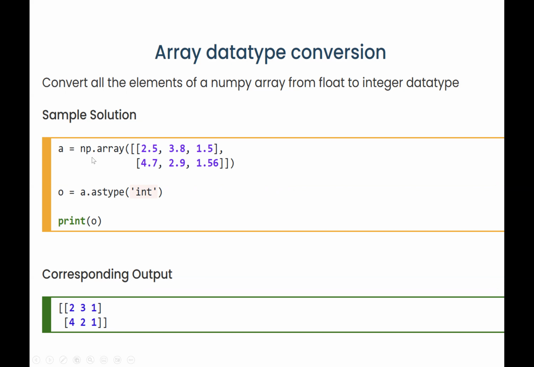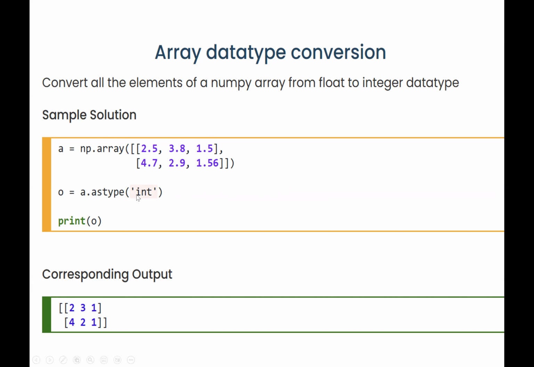So A is the content of the array items here. We use what we call the astype function. So we say A dot, because A contains the content of the array, so A.astype.